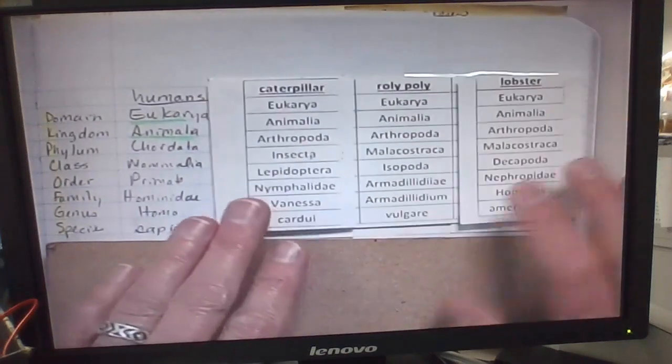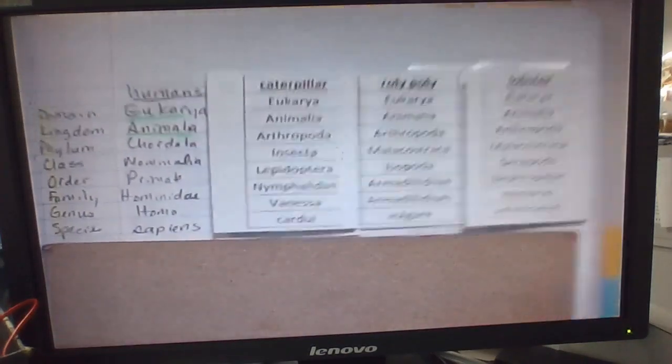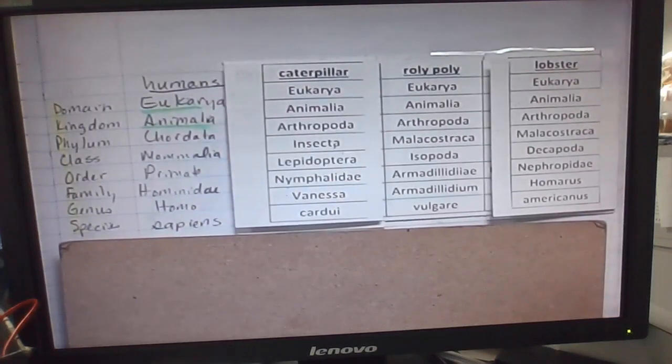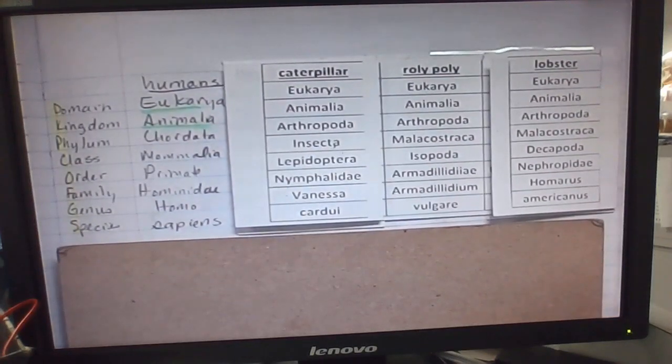So I would suggest you copy stuff down first and then tape it in. So humans: Eukarya, Animalia, Chordata, Mammalia, Primates, Hominidae, Homo sapiens.